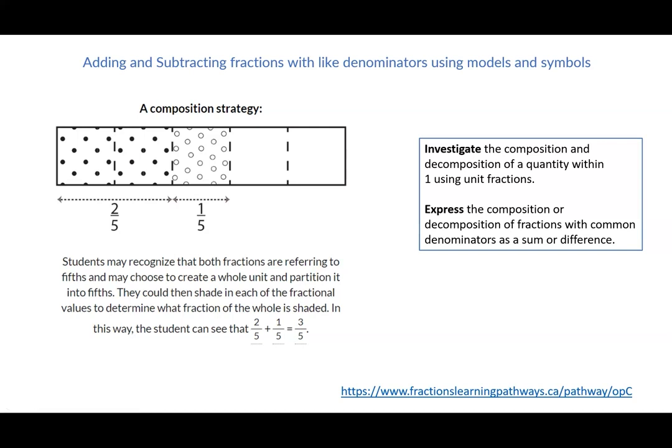So you can see that one's got different colors of circles in there. That's what the composition strategy is called, where you use the same whole and you just add the fractions of this, and of course it's going to have the same denominator. So you're going to express those compositions or decompositions with a common denominator as a sum or difference. So in this case it would be 2/5 plus 1/5 equals 3/5, always keeping the same whole.